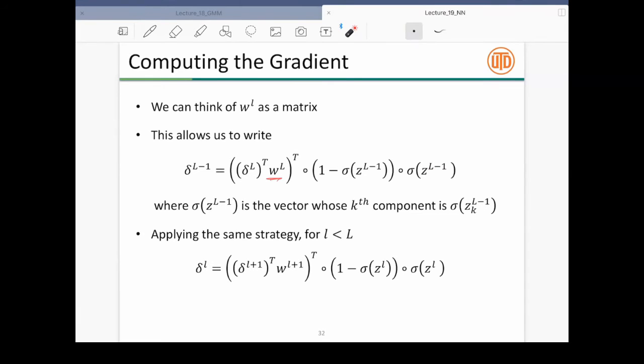So these operations here are a Hadamard product, element-wise products, and this thing here is essentially a vector-matrix product. So essentially you can write this as W^L, if you just switch the matrix, multiplied by gradient L.